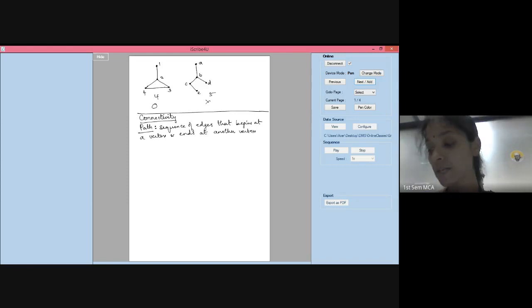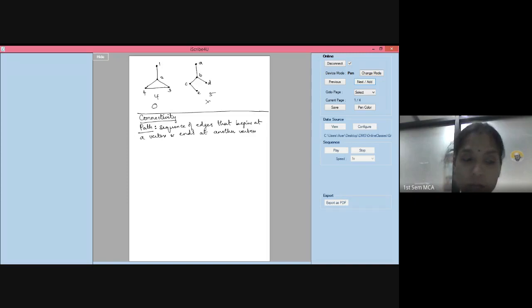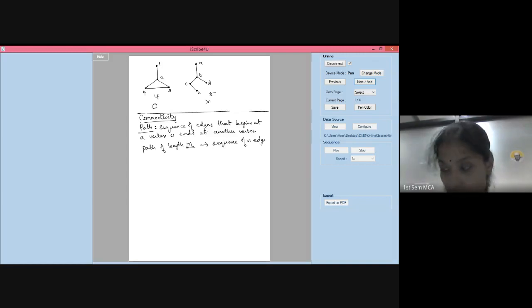When it ends at the same vertex, then you call it a loop or a circuit. Okay, we'll come to that. Anyway, a sequence of edges that begins at a vertex and ends at another vertex is called a path. Now, you can always have a path of certain length. A path of certain length means it has a sequence of n edges. Then I say its length is n.